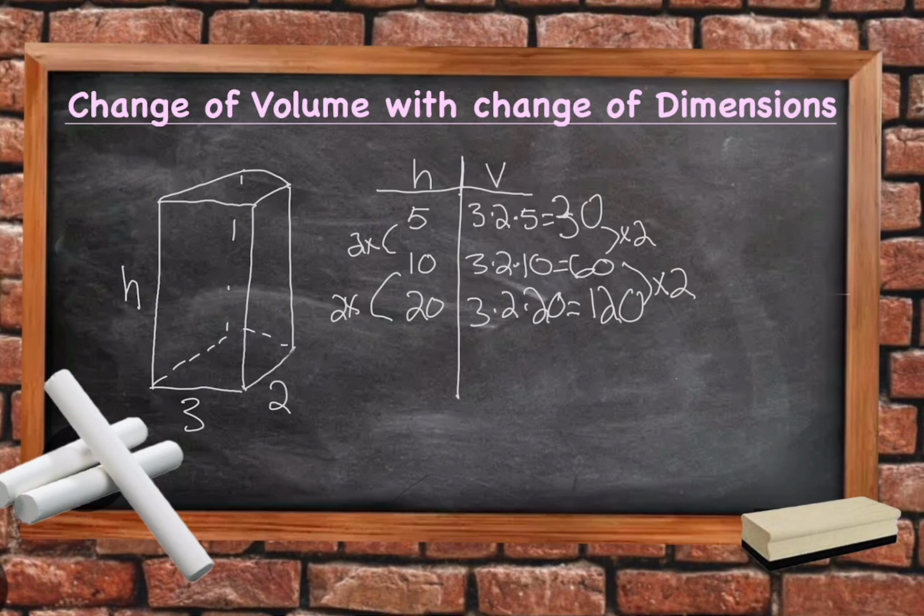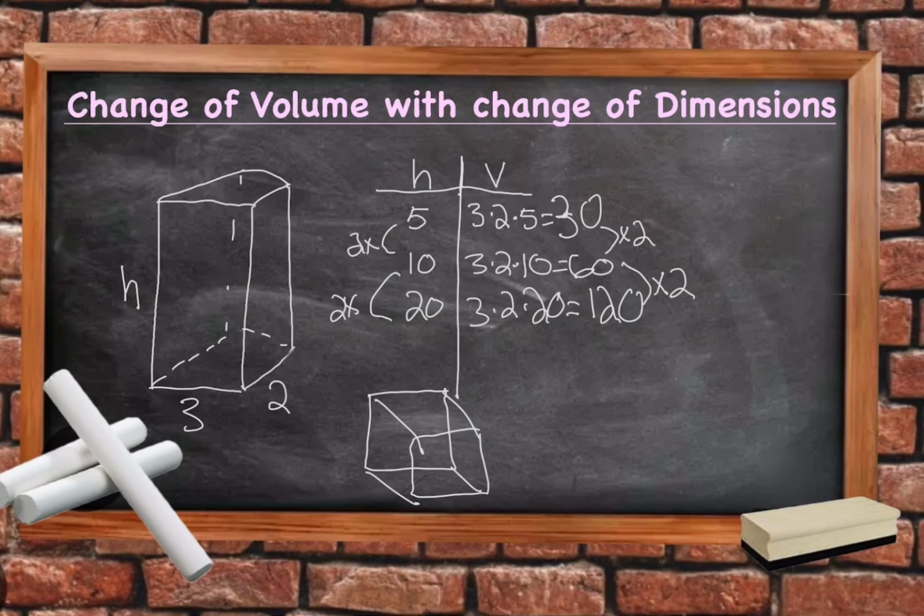Now, let me use another example to help you guys visualize it. Let me draw this really quickly. Okay, so let's see, if we double 2 of the dimensions, what will happen to the volume?